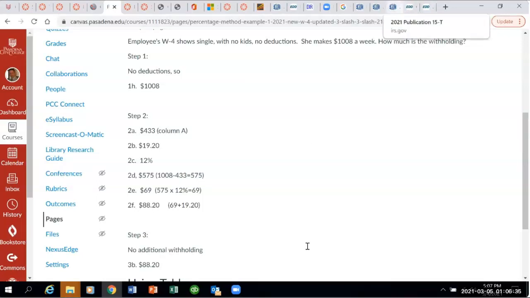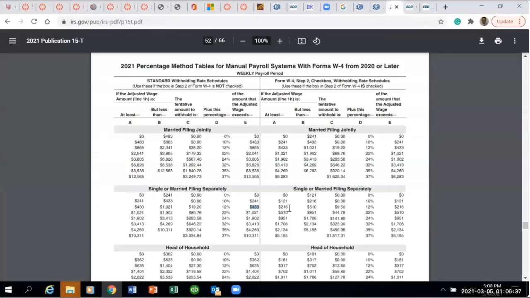So in this case, if that small box is not checked, it will be standard and we will hold $88. If the box was checked, we would end up in this box. Instead of $88, we have a standard of 141, so it's more than 88, plus 24% of anything above 951.